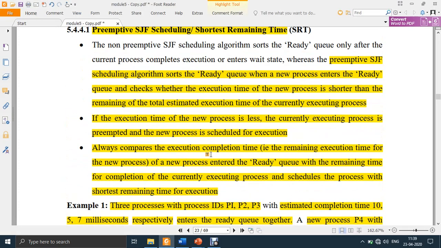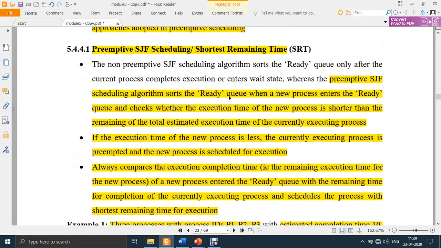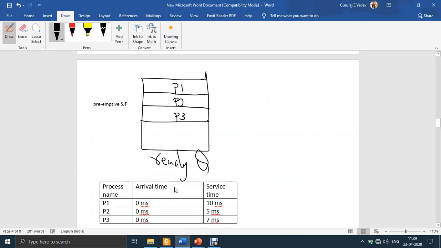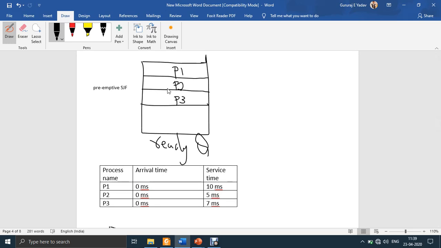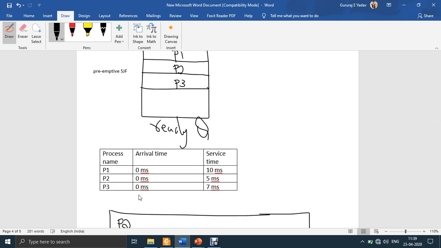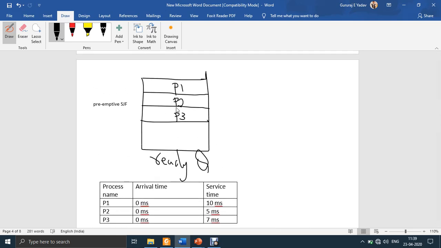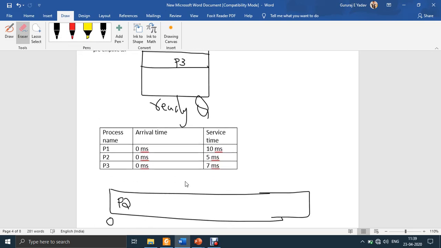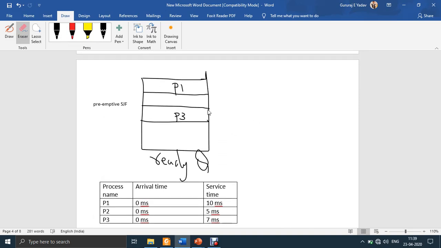Because in SJF the ready queue will be sorted whenever a new process enters it, so you have to resort the queue. For now, since P2 is given the chance to execute, P2 is not present in the ready queue, because it is already running.